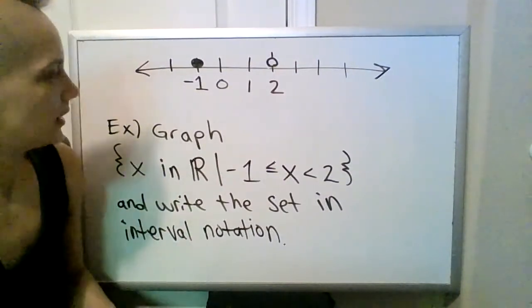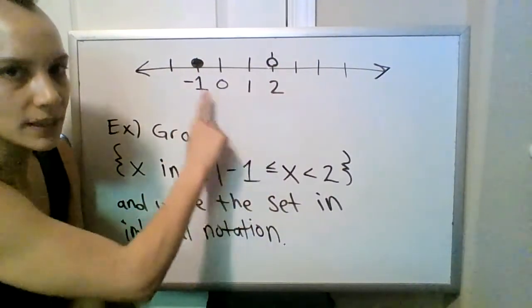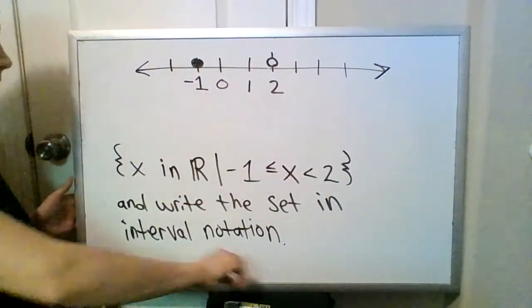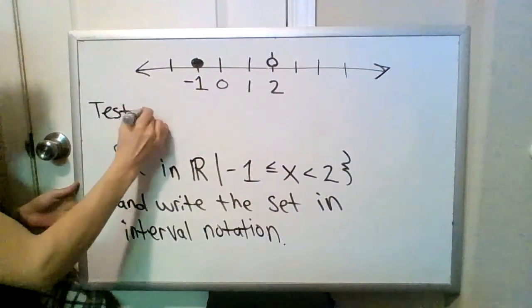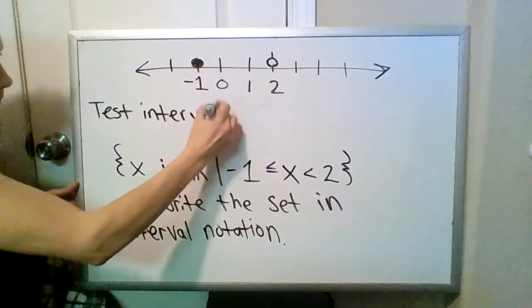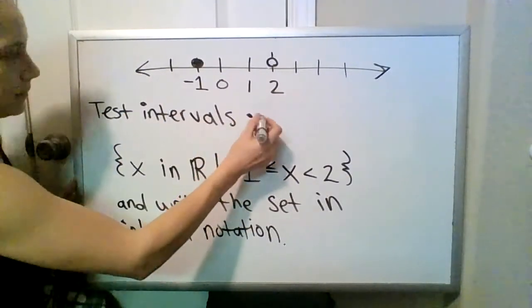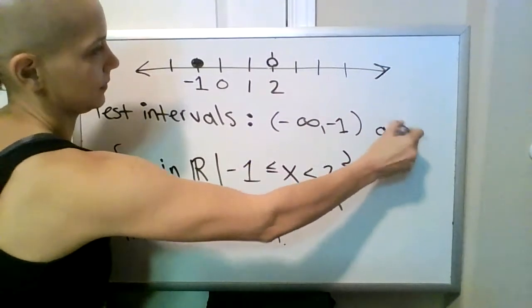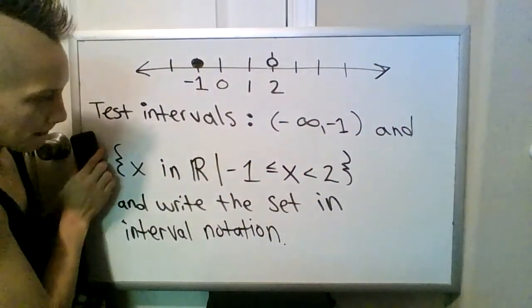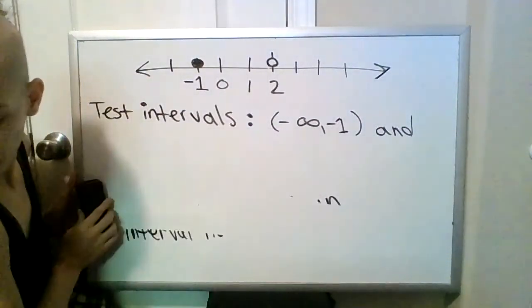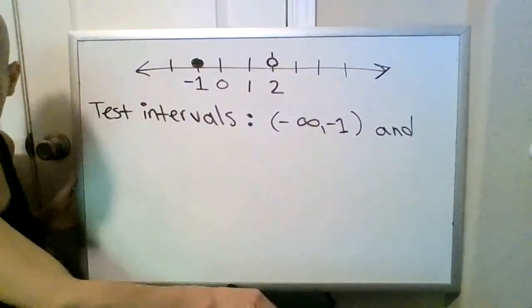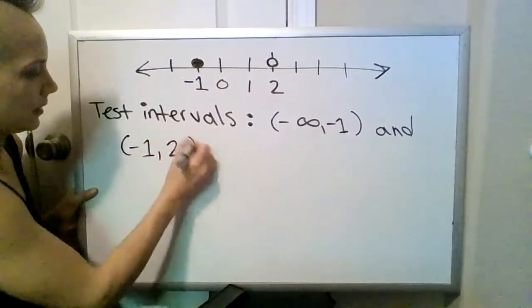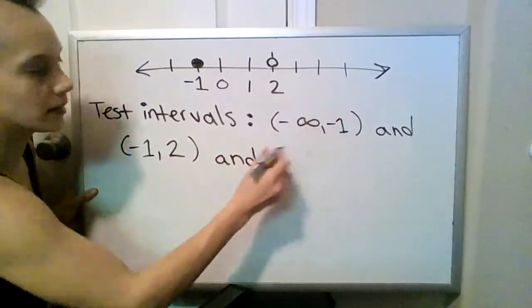The test intervals go from -infinity to -1, between -1 and 2, and from 2 over to infinity.